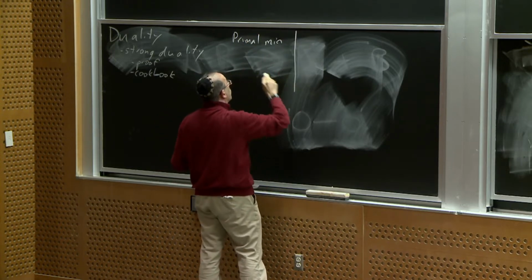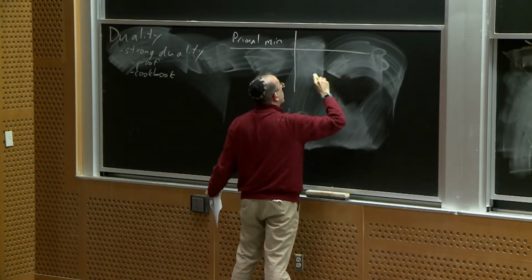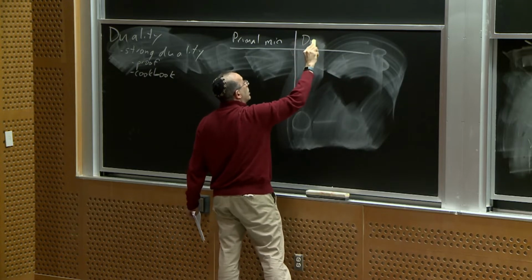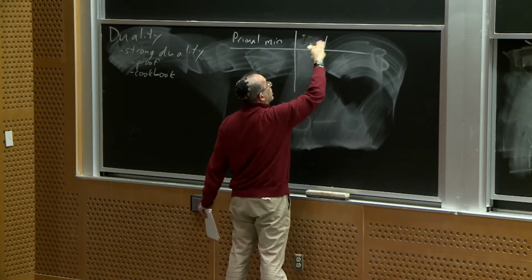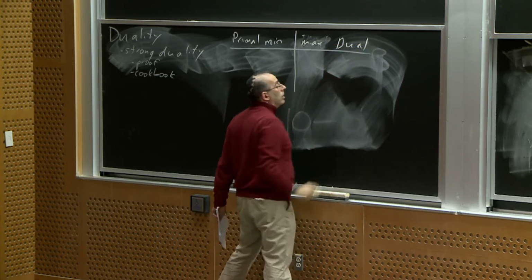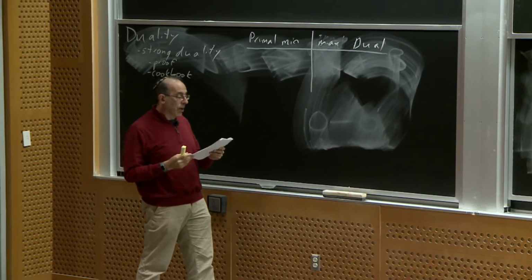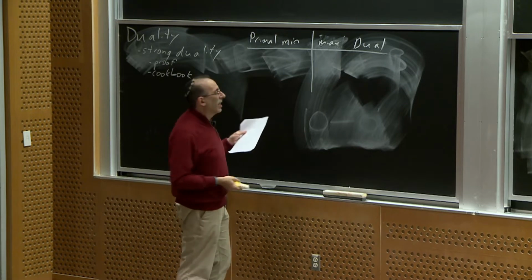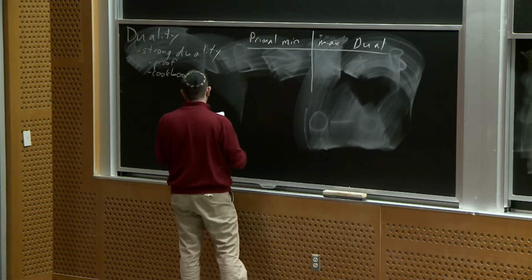is, we decide to call the minimization problem the primal and the maximization problem the dual. Which one you call the primal and which one you call the dual is sort of arbitrary, so we just make that arbitrary decision.